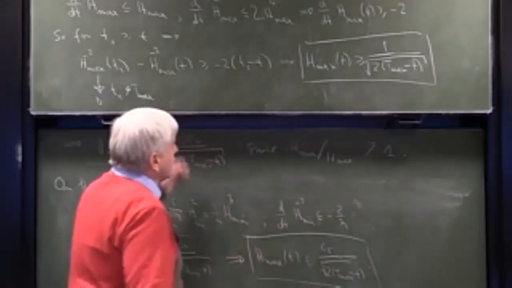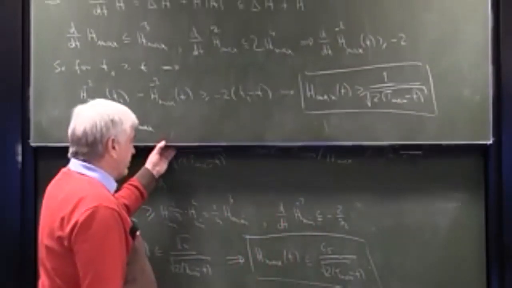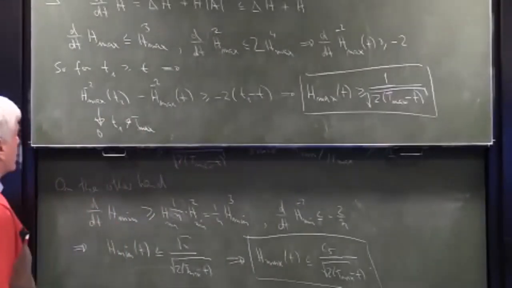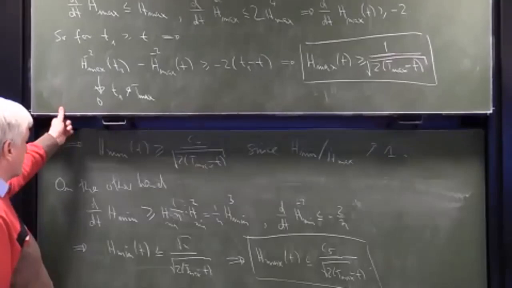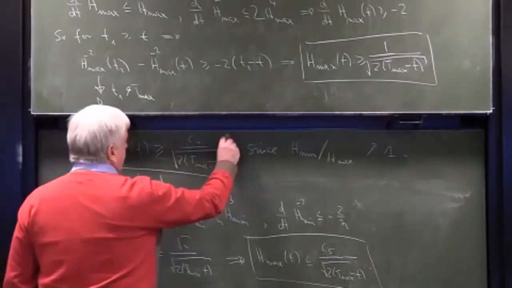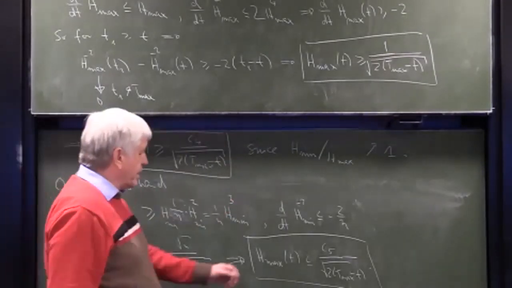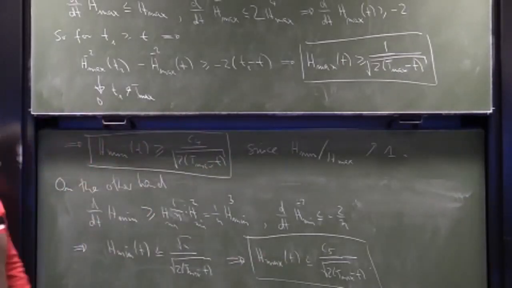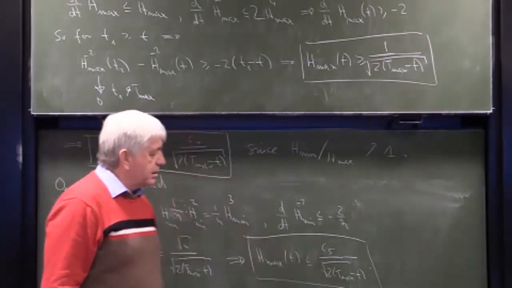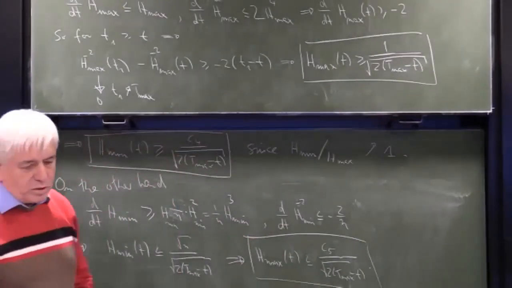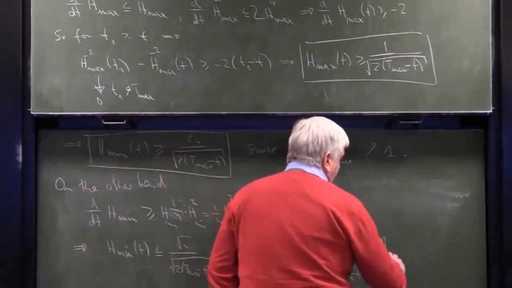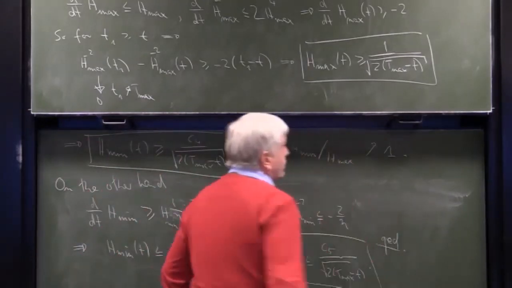And now we have both the lower bound on the mean curvature and the upper bound with the same 1 over square root of the remaining time, which establishes the proposition.